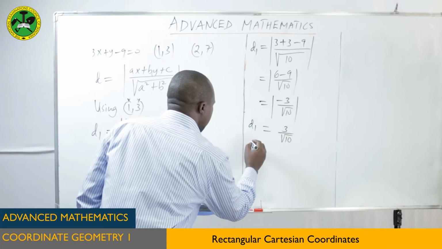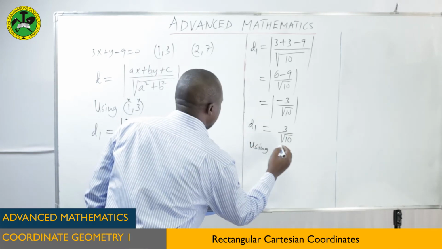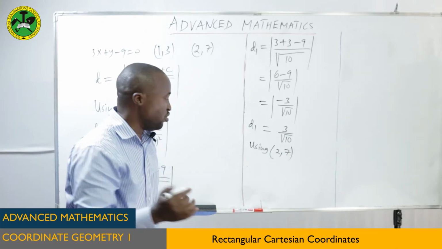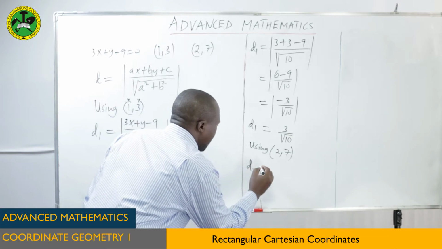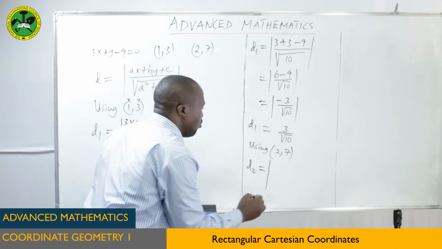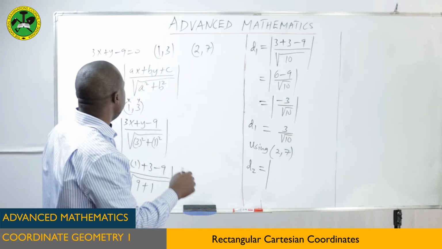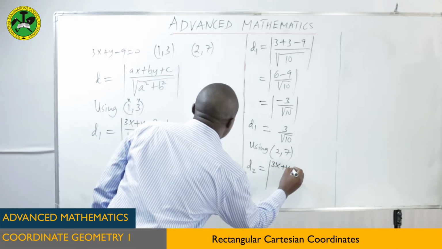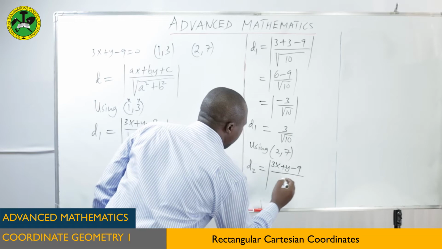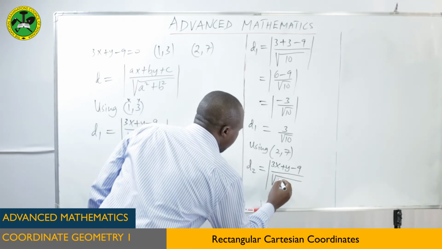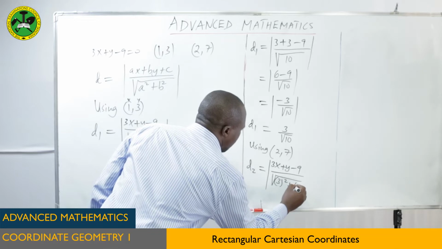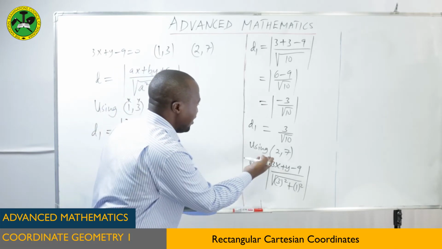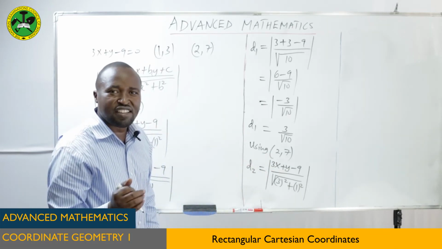This time, using the second coordinate, (2, 7), we use d2. So d2 is equal to the absolute of, remember we are using the same equation, 3x plus y minus 9 over the square root of 3 squared plus 1 squared. But this time we substitute the second coordinate, (2, 7).